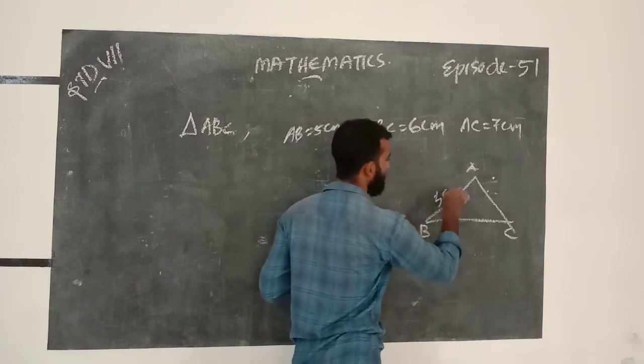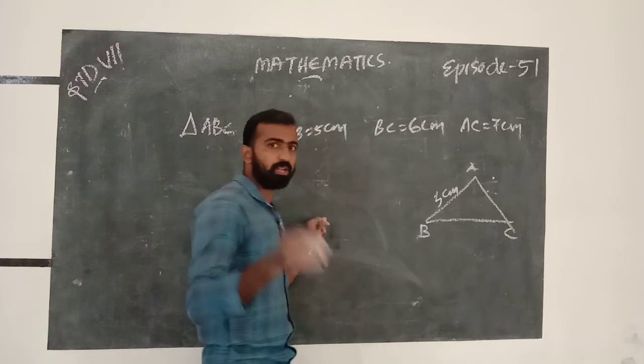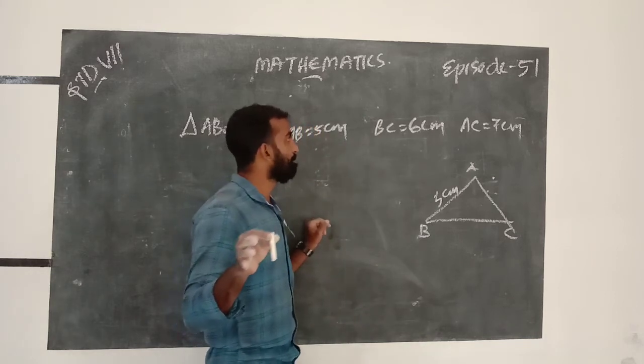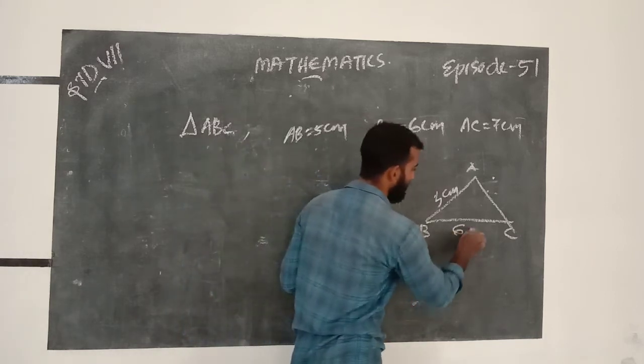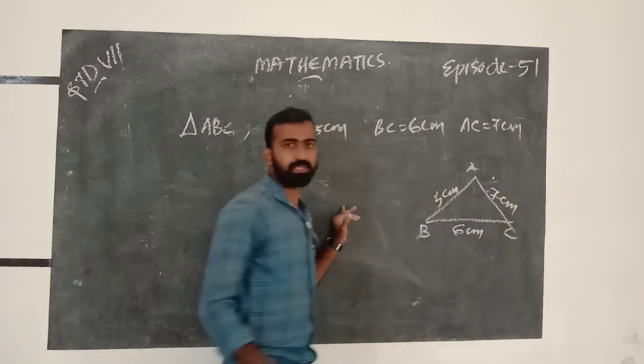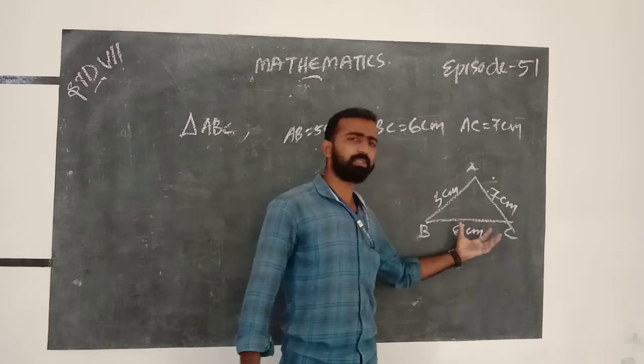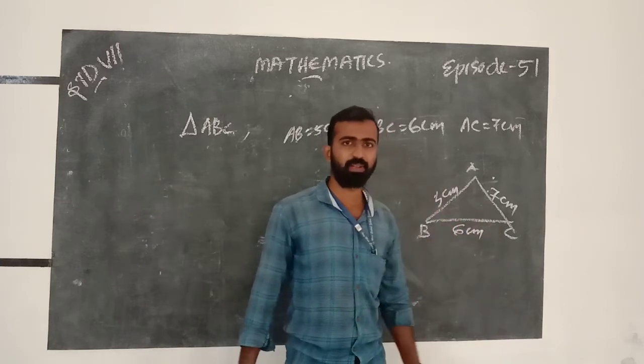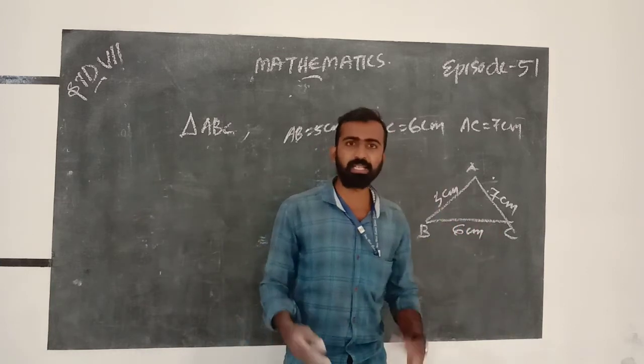AB is 5 centimeter, BC is 6 centimeter, and AC is 7 centimeter. This is not the actual 6 centimeter; this is a rough figure for easy drawing.